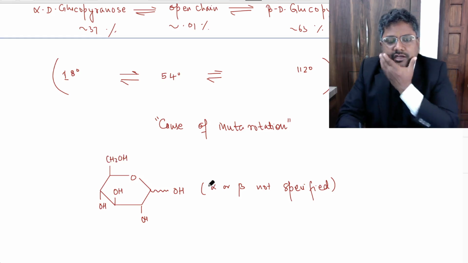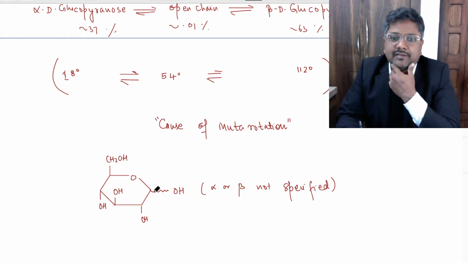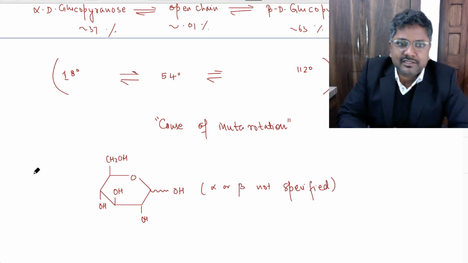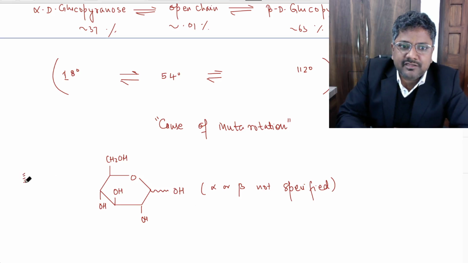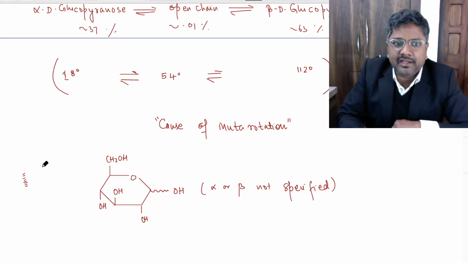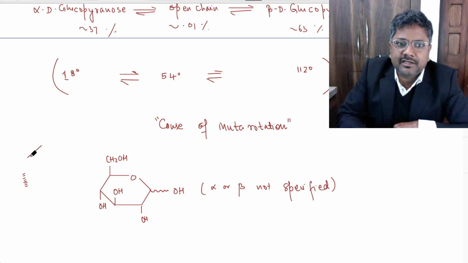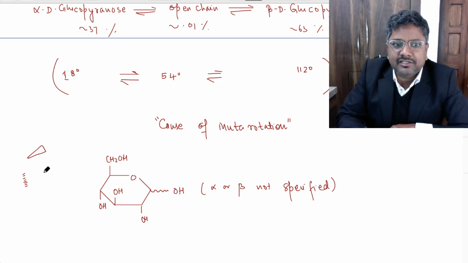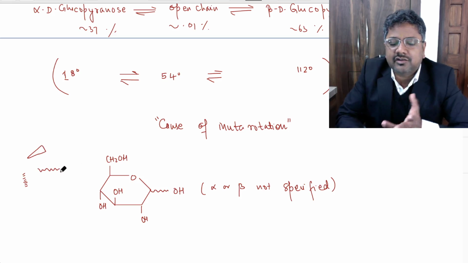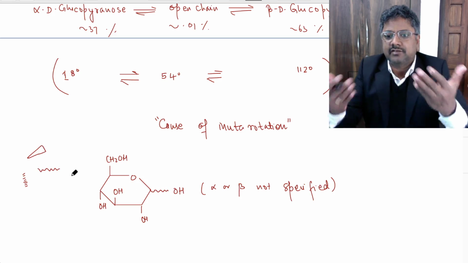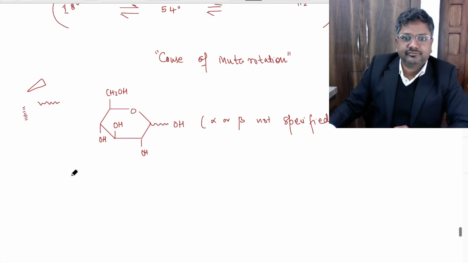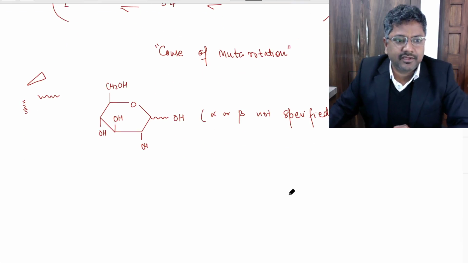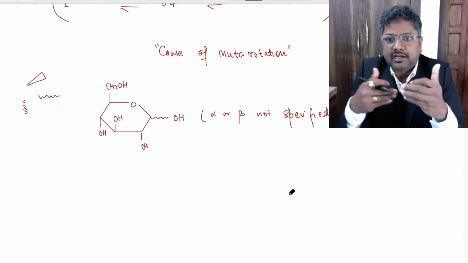So this is also a convention: if this type of symbol is given, then it is clear that it is below the plane. If this type of symbol is given, then above the plane, and if this type of symbol is given, then it is not certain whether it is above or below.